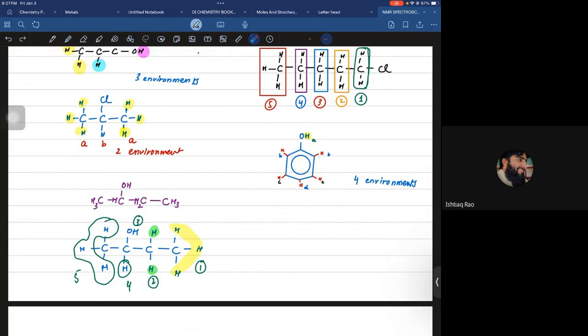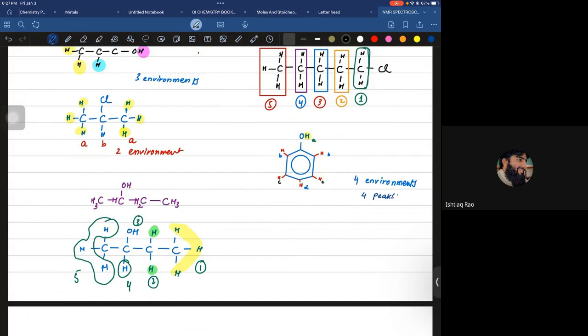And then these two hydrogens are the same, these hydrogens are the same, and this is different. So four environments means four peaks. तो इसमें ये और ये सेम है, ये और ये सेम है, ये डिफरेंट है और ये डिफरेंट है. So total four environments and four peaks. क्यों पता है? OH के लगने की वजह से.